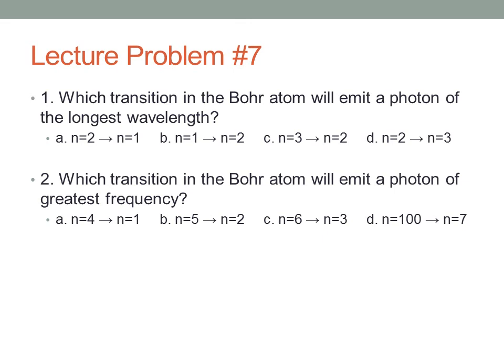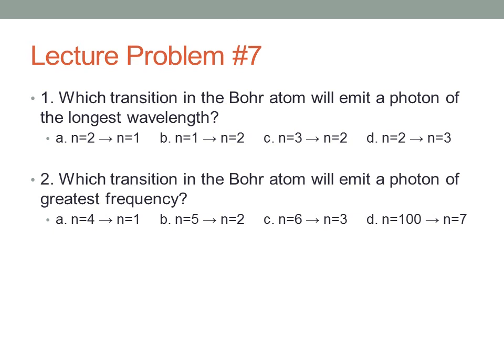First question, which transition in the Bohr atom will emit a photon of the longest wavelength? A couple things to point out here. We're just given some options: n equal to 2 to 1, n equal to 1 to 2, n equal to 3 to 2, n equal to 2 to 3. The fact that we were asked about which transition will emit a photon can narrow down our choices.